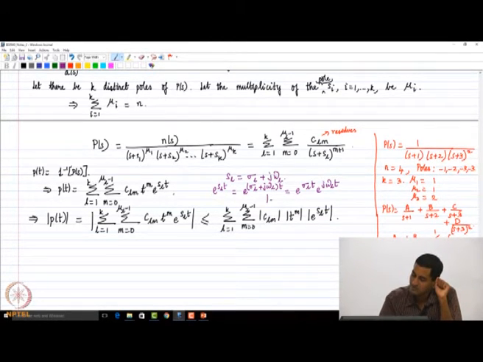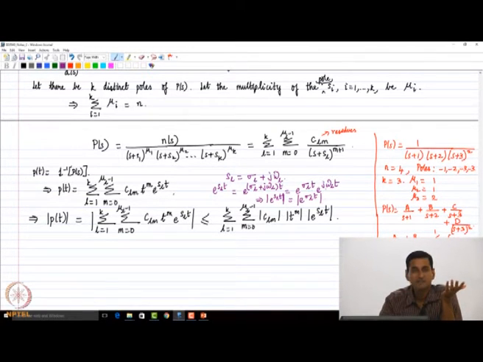Now what can you say about the magnitude of e power s_l t? That's going to be only the magnitude of e power sigma_l t. Why?